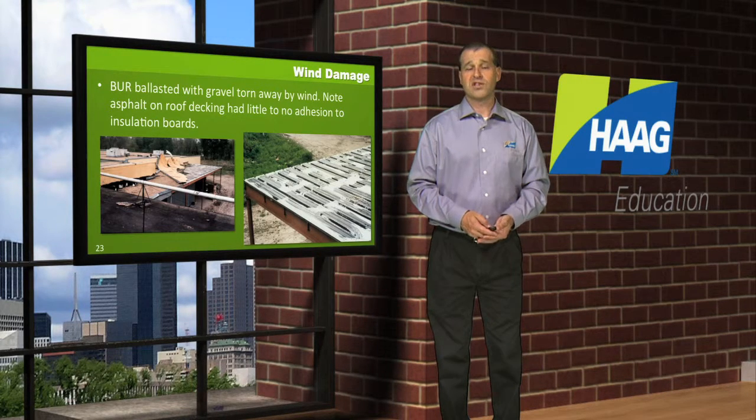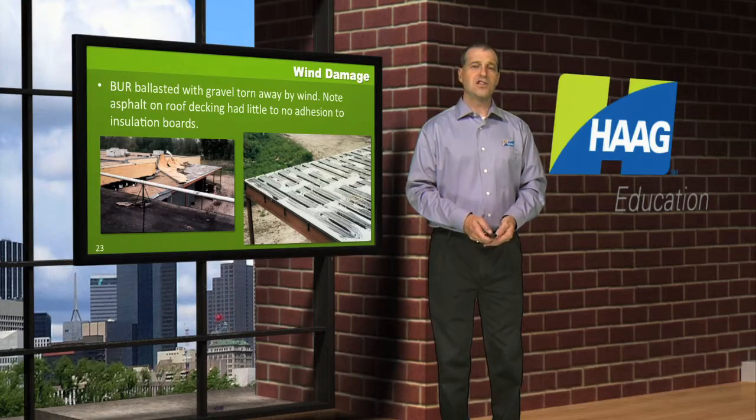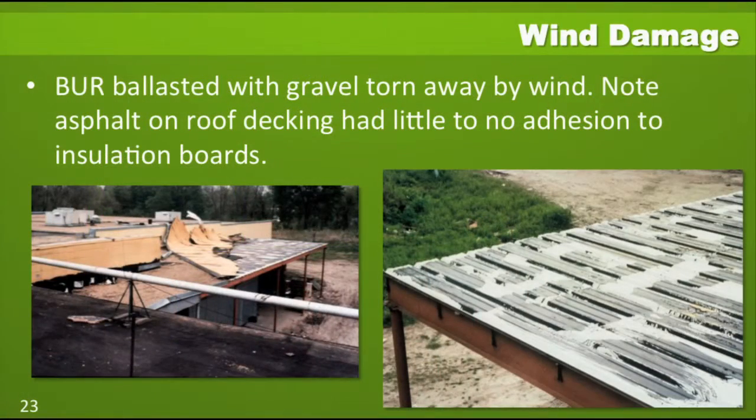Just the lower section of the building in this slide was damaged by wind, the open canopy section. And then looking more closely in the lower right photograph, we see that the attachment of the insulation board was via mopping of asphalt as opposed to mechanical fasteners.